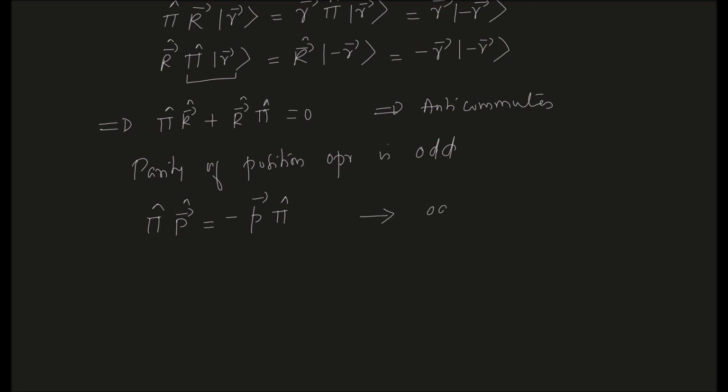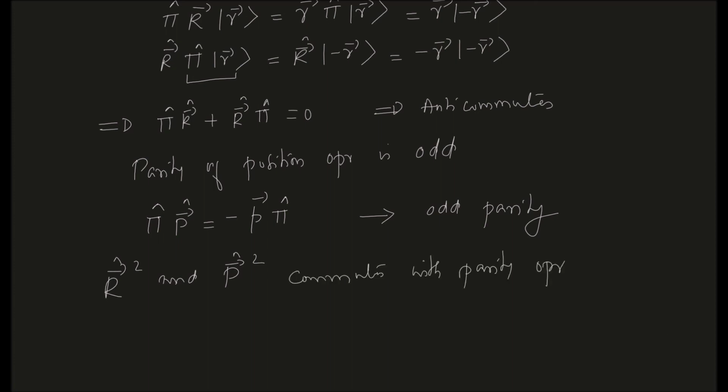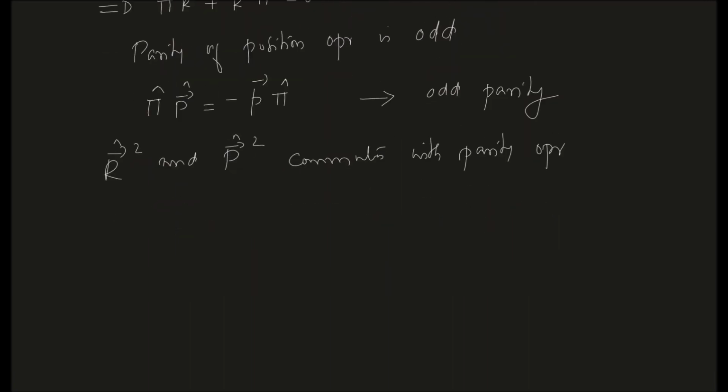So this also has odd parity. Now we can show that even though the position and momentum do not commute with the parity operator, the squares of these operators, r square and p square, commute with the parity operator.